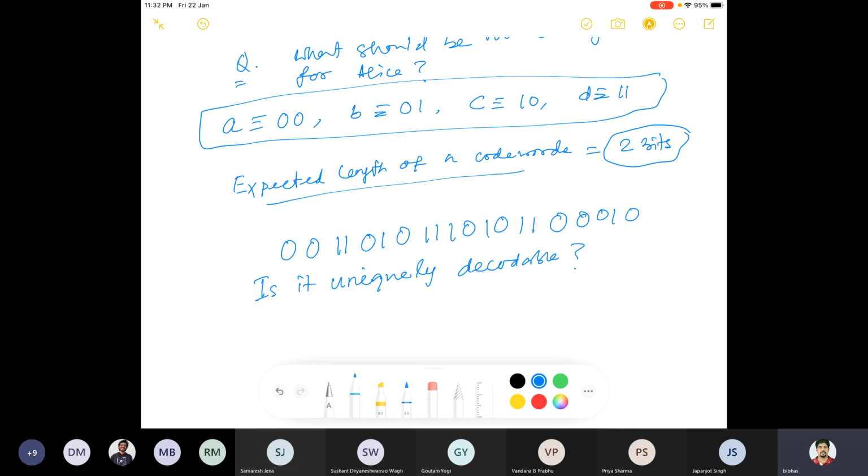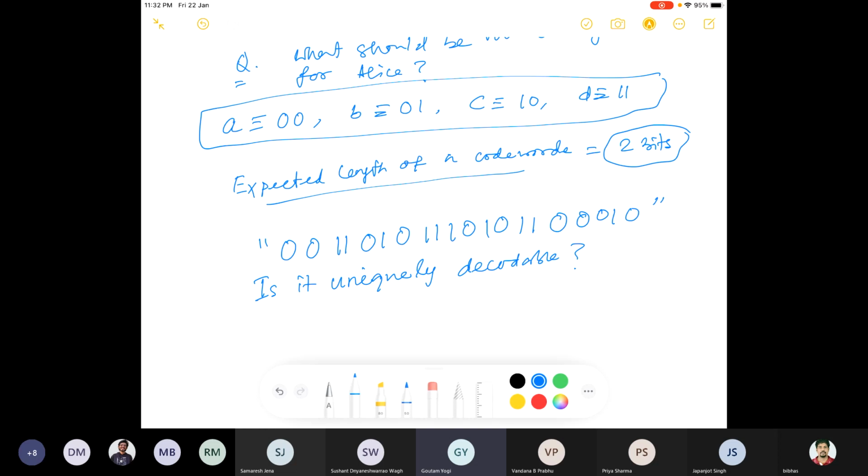Uniquely decodable means once this is received by Bob, Bob can uniquely decode what is the sequence of symbols that was sent to him by Alice. Sir, if we take 2 digits at a time and make a pair, and decode, then we get different code words.